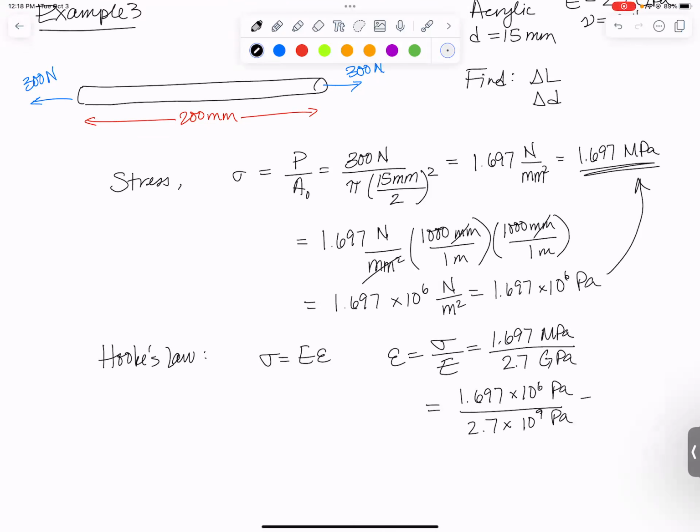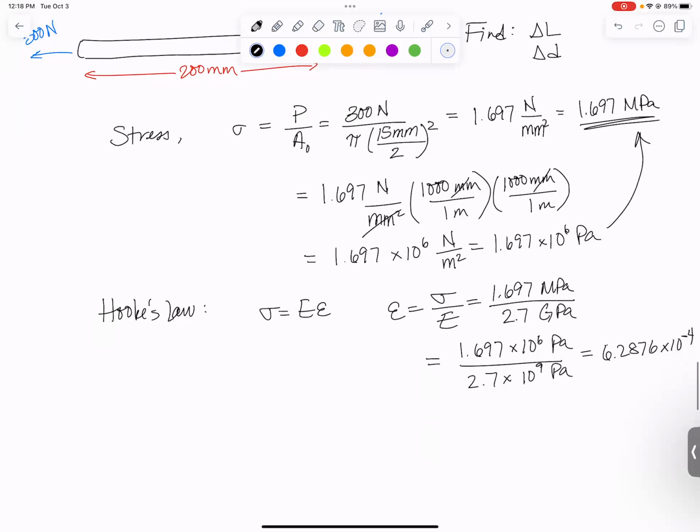So now we plug it into the calculator and we get a lovely small number: 6.2876 times 10 to the minus 4th. There's our strain. It should be a small number. It is a small number. No units because the pascals cancel.